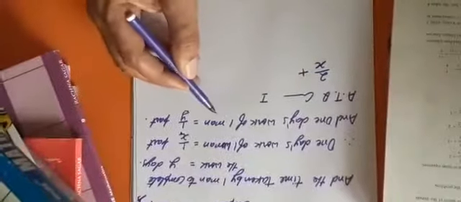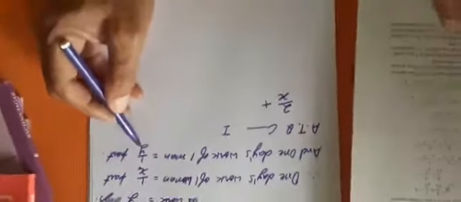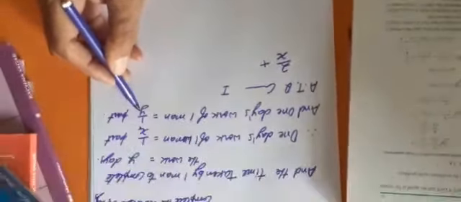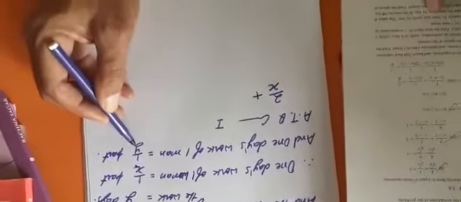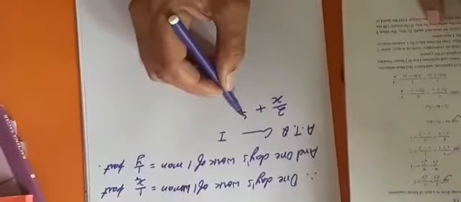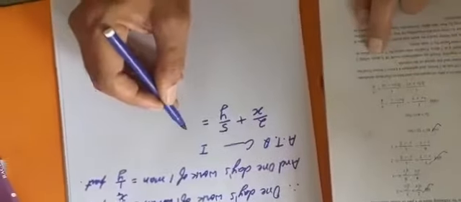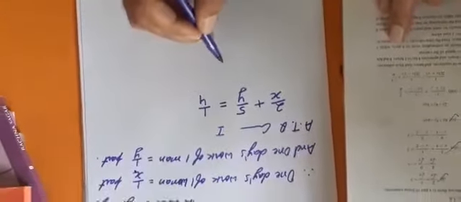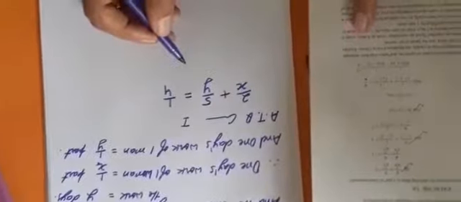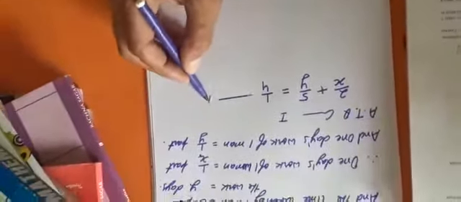So, it is 2 upon x plus, see, 1 day's work of 1 man is 1 upon y and 1 day's work of 5 men will be 5 upon y. And their 1 day's work will be 1 upon 4 because they can finish the work in 4 days. This is your equation number 1.